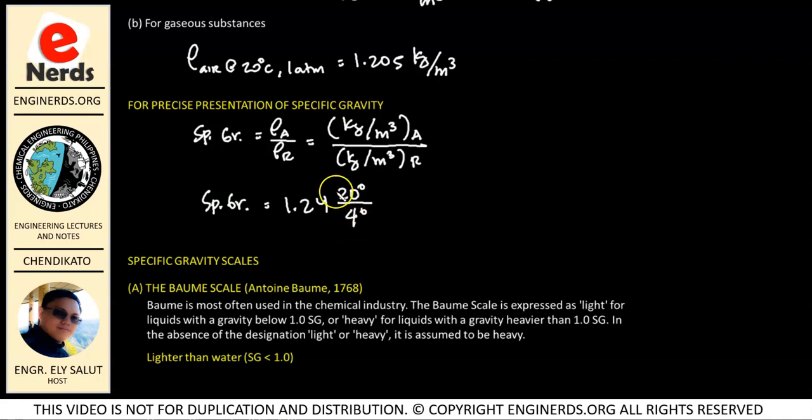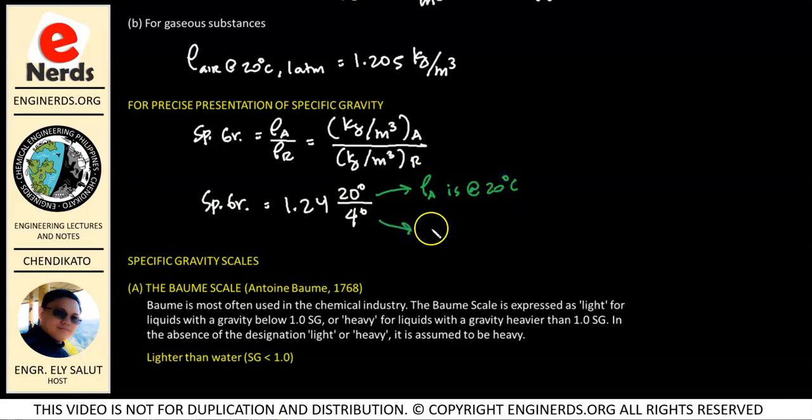So, what do we mean by that? Let's say we are talking about a liquid in here. Ang reference natin is usually water, di ba? So, that means, katulad nung napag-usapan kanina, specific gravity is the ratio ng density ng ating substance of interest over the density ng ating reference. So, itong numerator natin dito na 20 degrees Celsius is when the density of our substance is at 20 degrees Celsius.